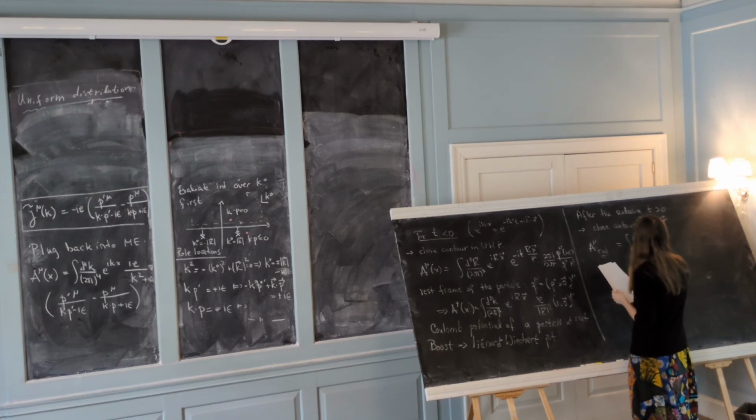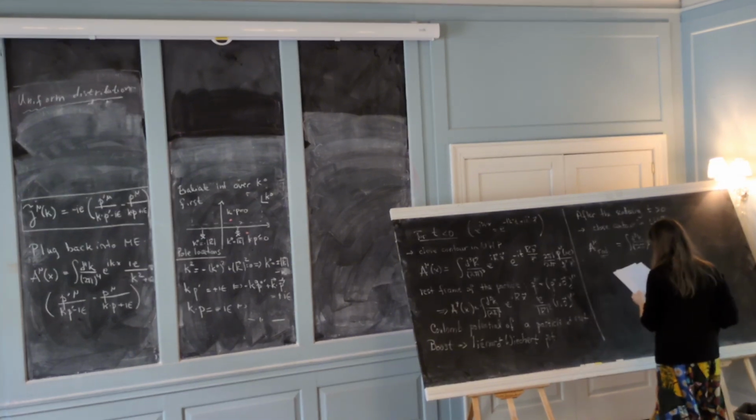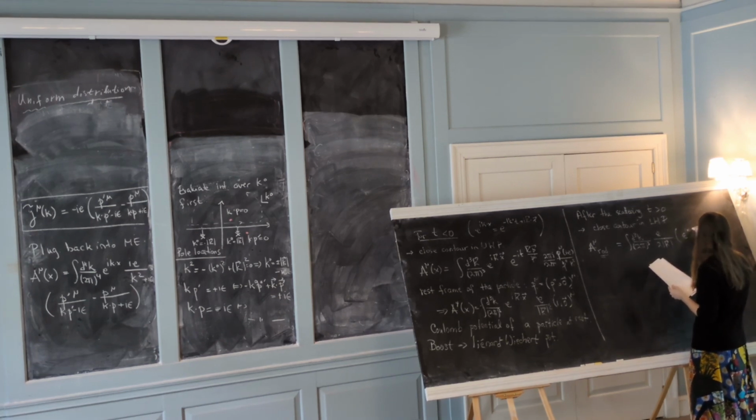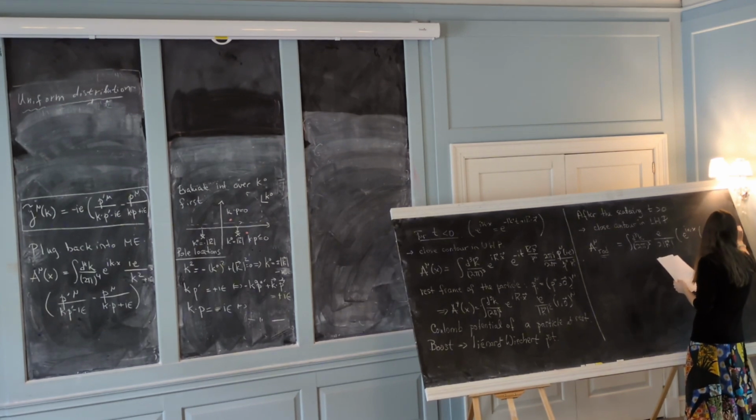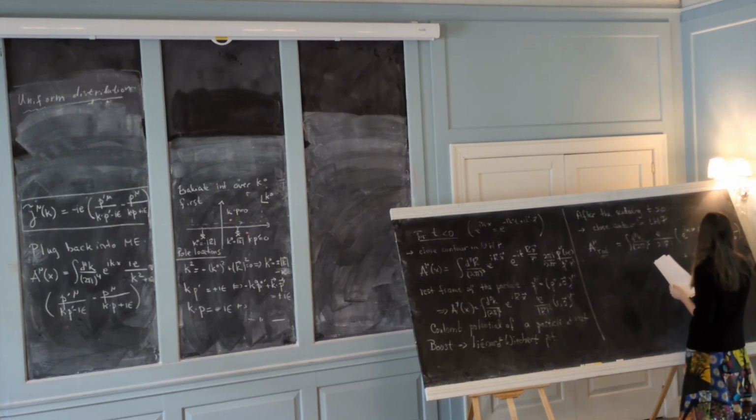And this is the integral d3k divided by 2 pi cubed, and then e divided by 2 absolute value of k, e to the I k dot x, and then we find P prime mu divided by k dot P prime minus P mu divided by k dot P, plus the complex conjugate.